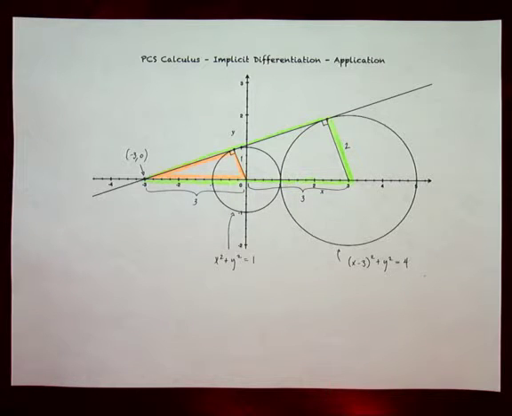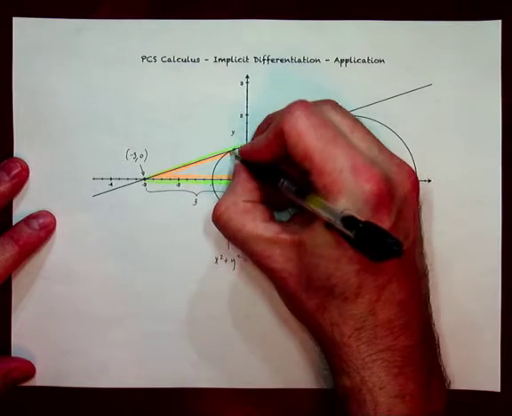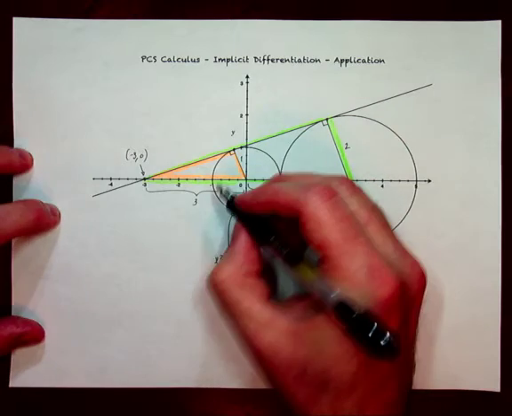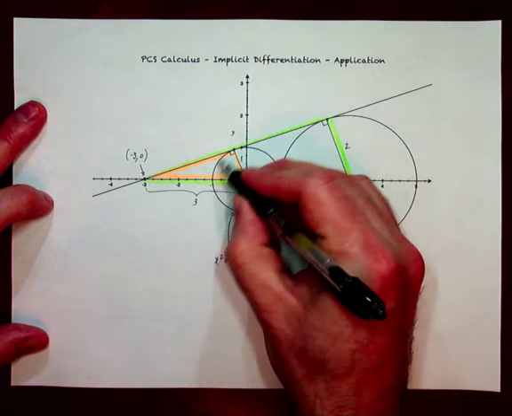Because that's the case, I can now get a second representation of the slope, because this point right here is a point on this circle. It's also a point on the top half of the circle.